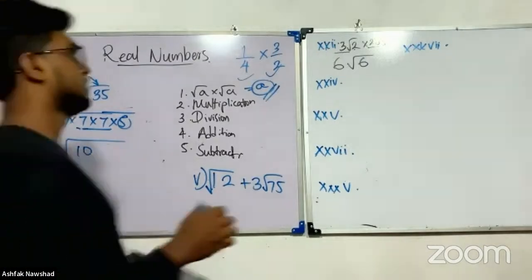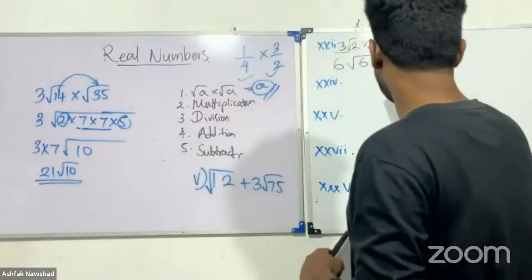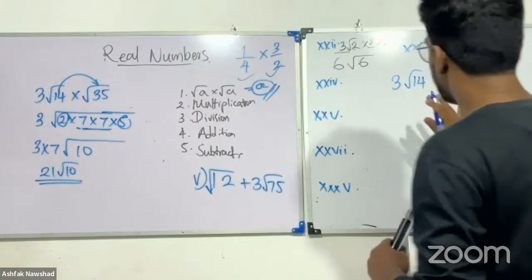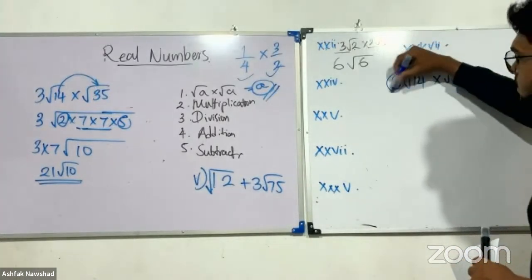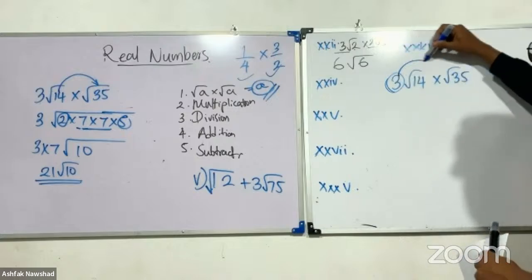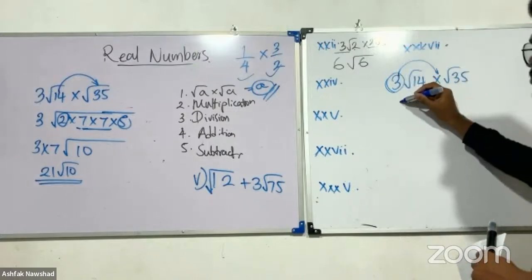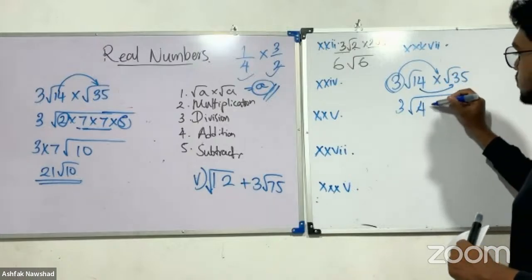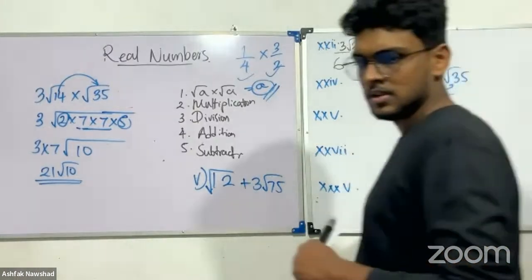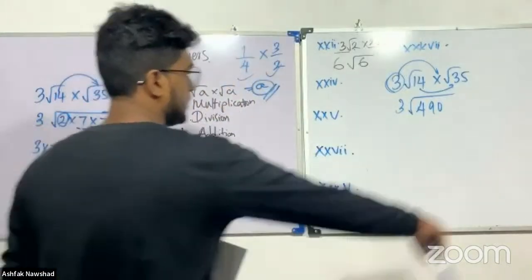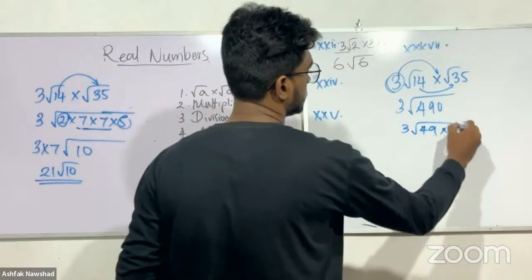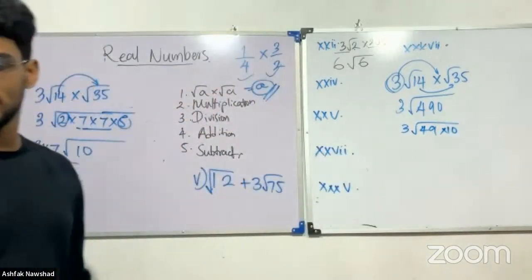I'll do that also. 3 root 14 times root 35. What did I teach you? You simplify the whole numbers separately. The whole numbers are only 3 and 1, so just 3. 14 times 35 you have to multiply. That gives you 490. 490 means 49 times 10.